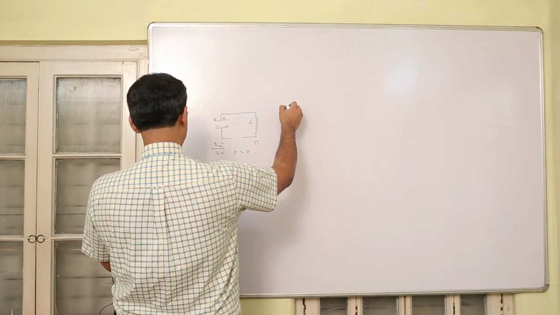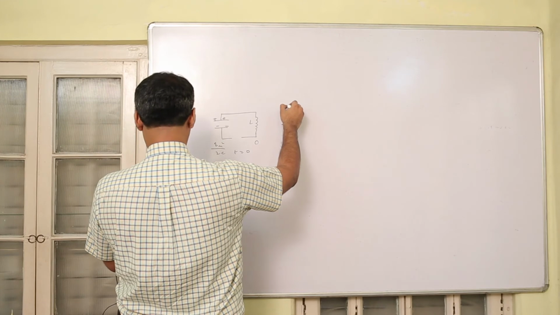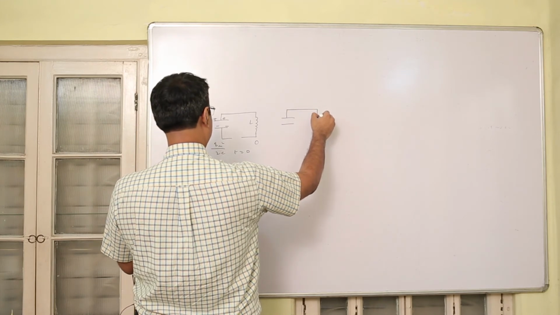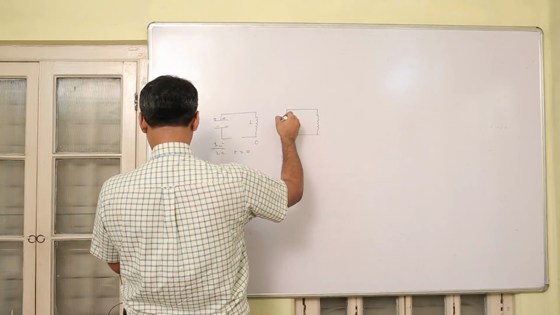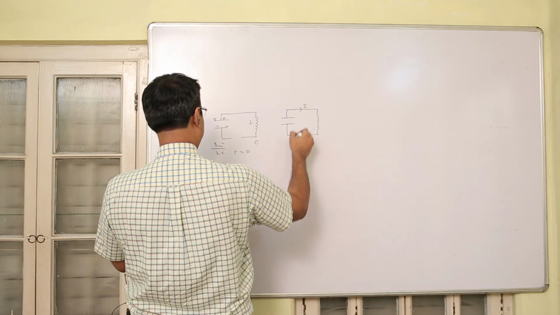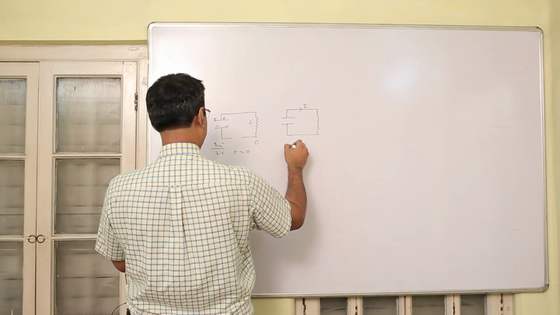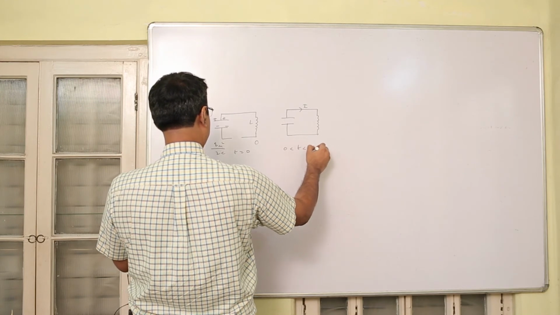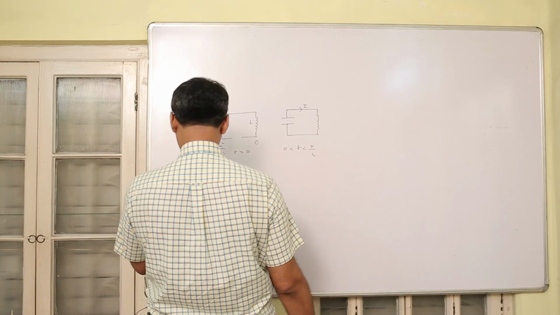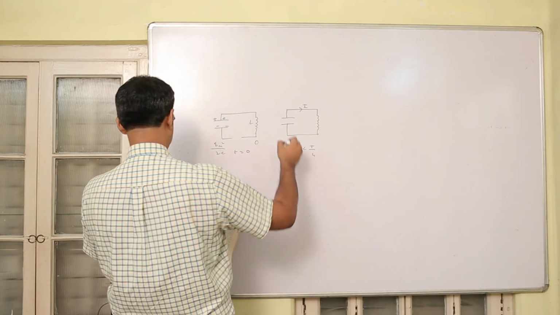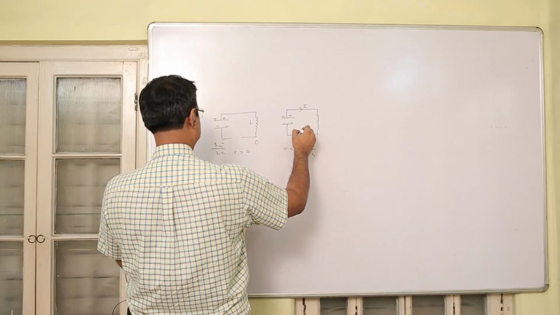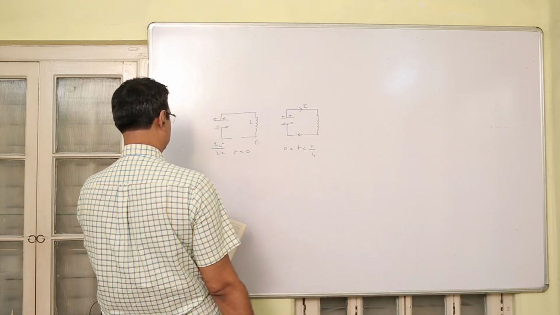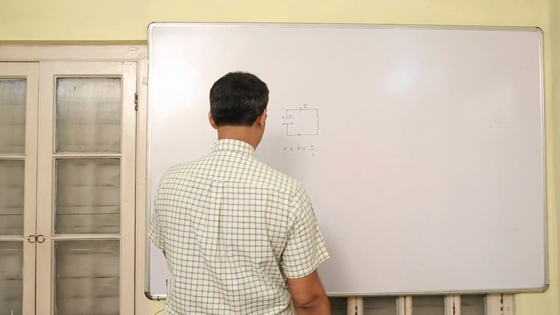Now suppose you consider a time between 0 to T by 4. So this is how the current in the circuit will appear.